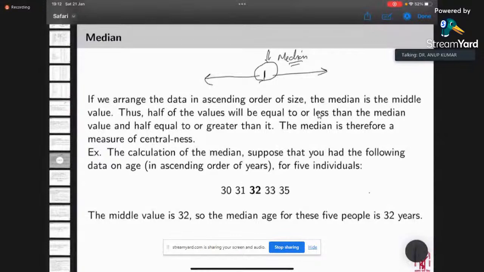You can see this example written over here: if your data has 5 individuals, 30, 31, 32, 33, 35, arrange them, and you can say that 32 is your median.